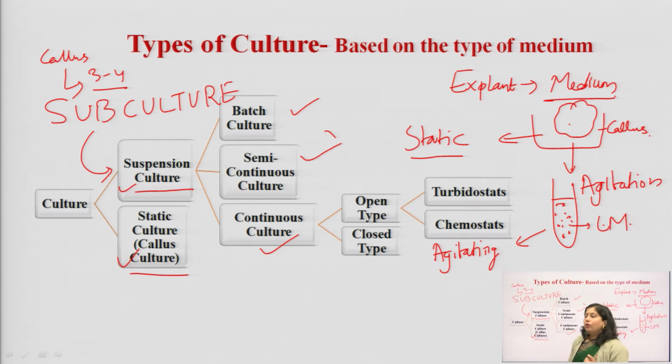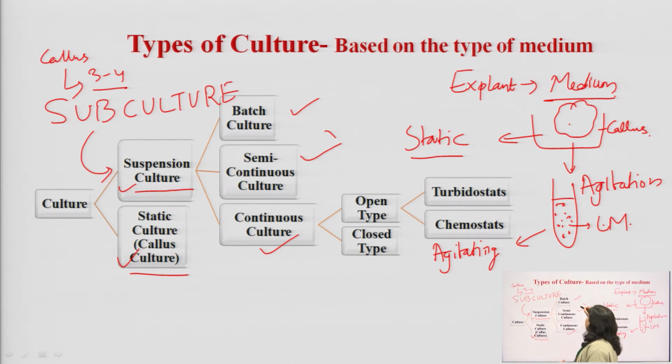Suspension culture is a technique to perform the subculturing of different plant tissue cultures, so that the process of plant tissue culture is continuous and sustained. So, here you have the batch culture, semi-continuous culture and continuous culture.